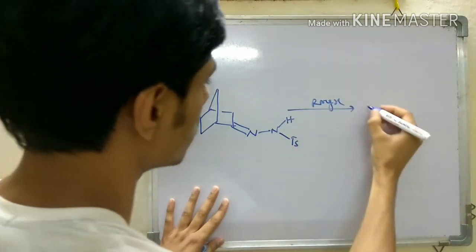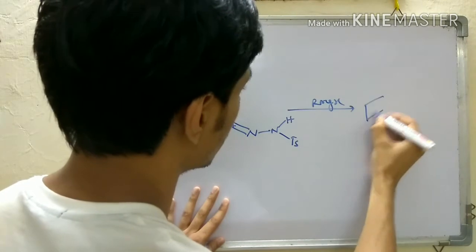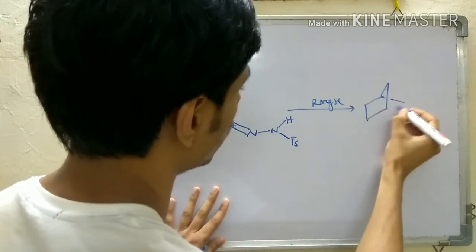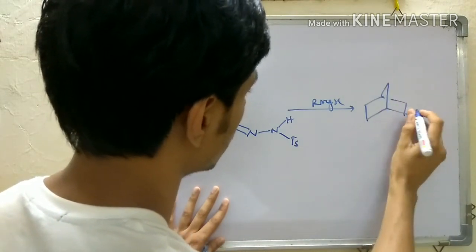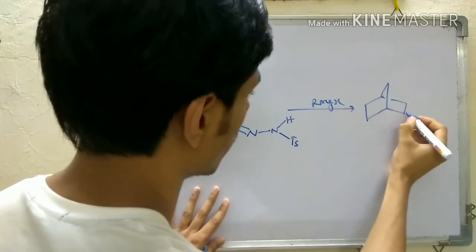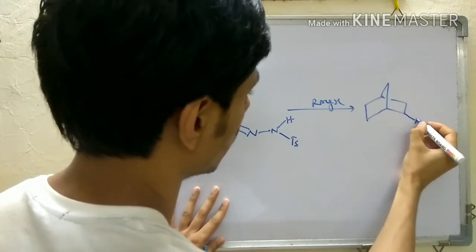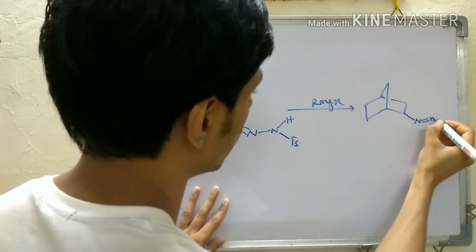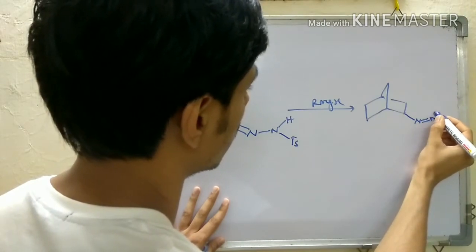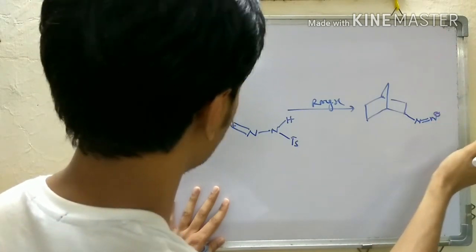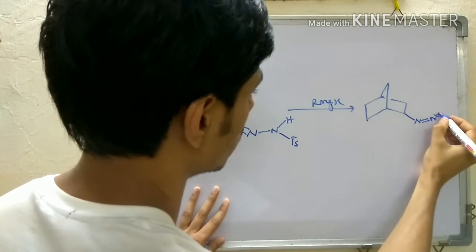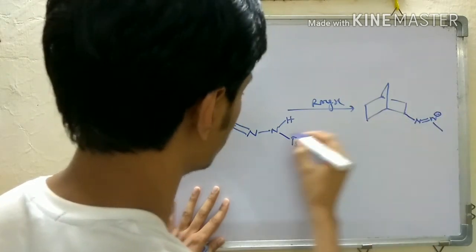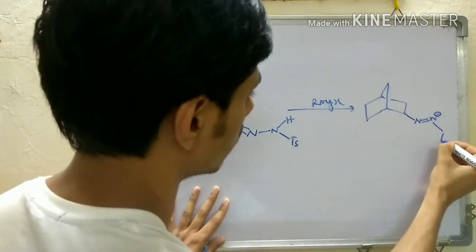So what will be the case? If you draw the full mechanism, you will get this N minus, right? Then first of all this deprotonation and this tosyl.